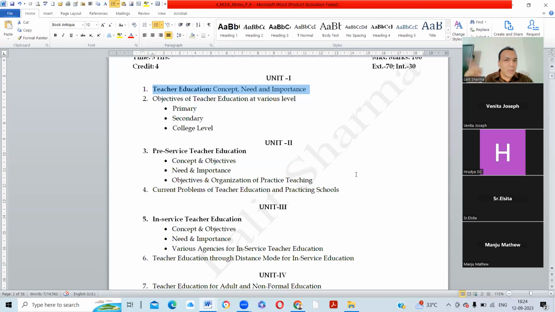Because they have got the theoretical knowledge, now they have to go to different schools for 4 or 5 months to show the practical knowledge there. They teach the students directly, basically to enrich or sharpen their teaching skills, right? So this is called practice teaching.